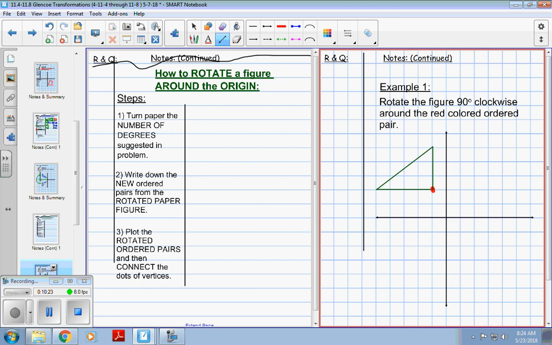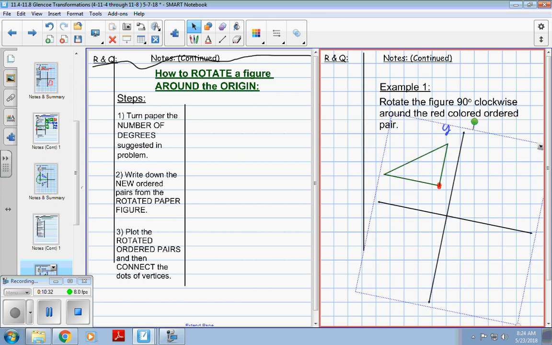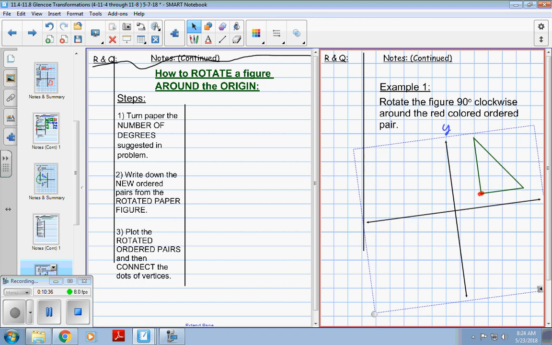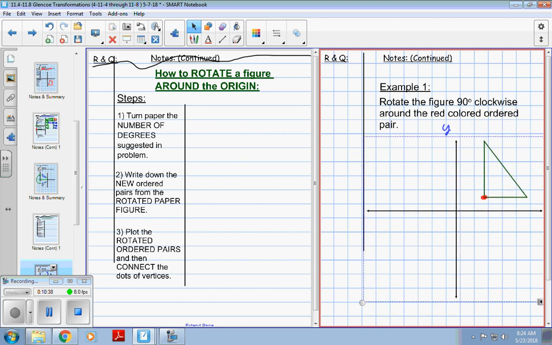And when you rotate your paper, this will be the y-axis currently, right? So once you rotate the figure, I want you to realize that you're turning your paper when I do this. And all we're going to do is rotate it 90 degrees clockwise, and whichever axis is now back looking like it is the y-axis, we're going to call the y-axis.